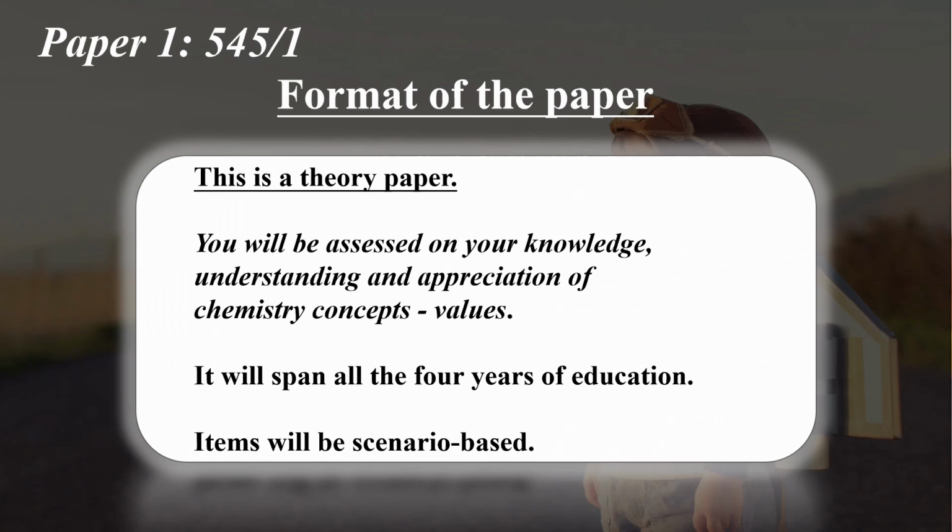It means what you had been learning in chemistry, right from senior 1 up to senior 4, will be set in this paper. So it's actually evidence that you had been in class right from senior 1 up to senior 4, and items will be scenario based.